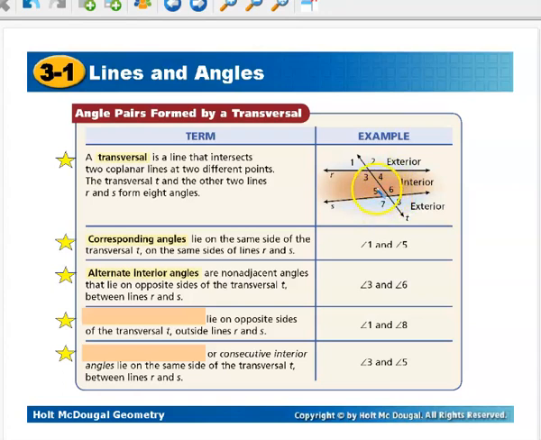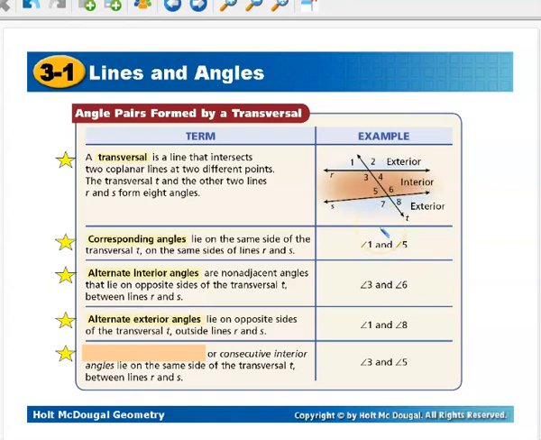We also need to alternate not just across the transversal, but across from groups. So again, I'm going to look at this grouping of angles here and this one here. If I'm looking for alternate interior, an example of that would be 3 and 6. They're on opposite sides and they're in opposite groups, as well as being on the interior.